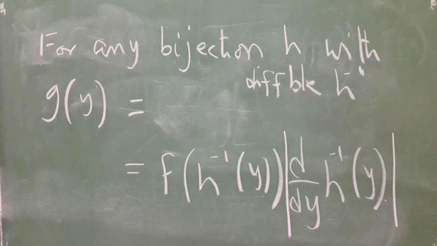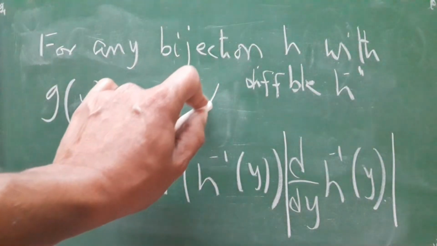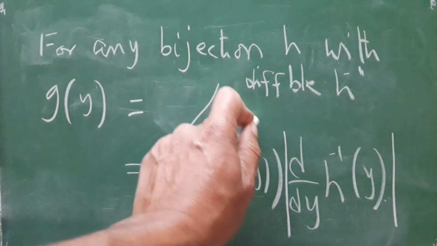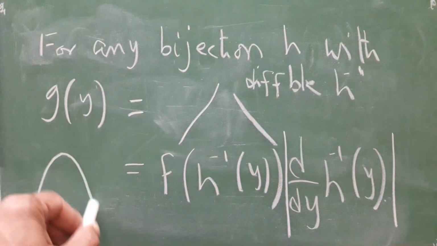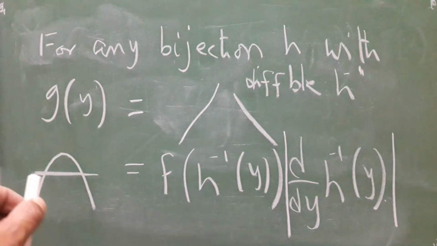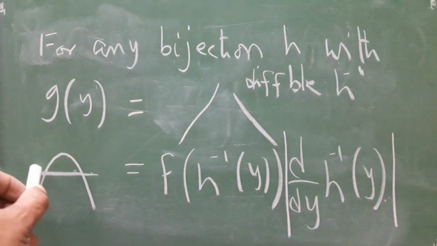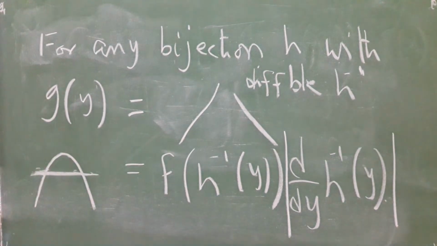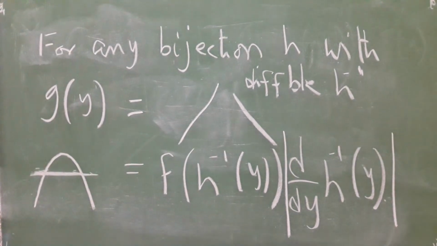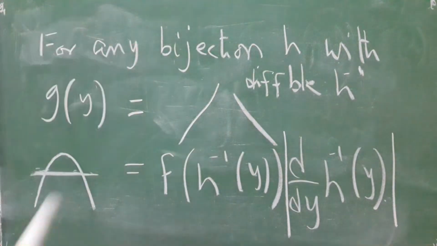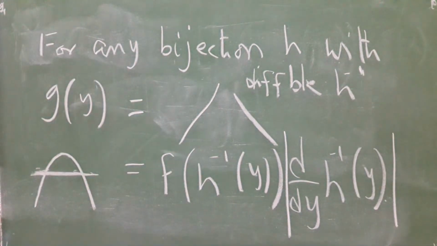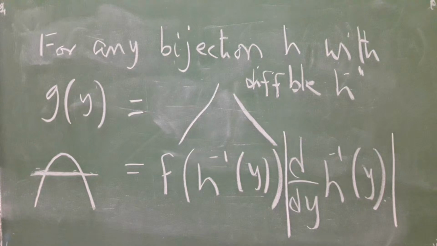So if a function is continuous from R to R and is a bijection, it has to be either strictly increasing or strictly decreasing. Because if it increases and then decreases, it ceases to be a bijection because the same value is taken in at least two places. So if I just say it is a bijection with differentiable h inverse, that's enough for my purpose. I can really forget about the monotonicity which will now follow as a consequence.